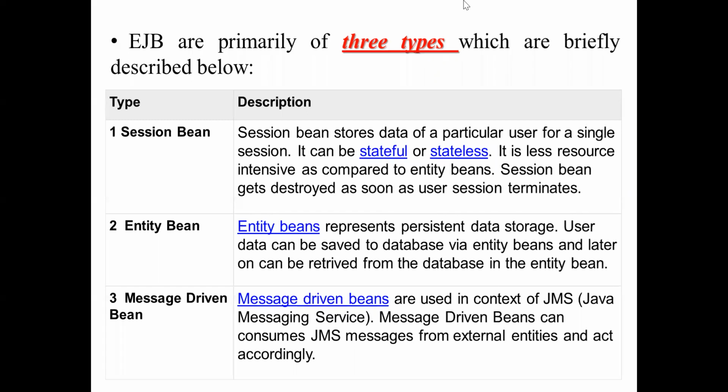So this message driven bean is very important. It is used in the context of JMS, consuming the message from the external entity and acting accordingly. So we call this a message driven bean.